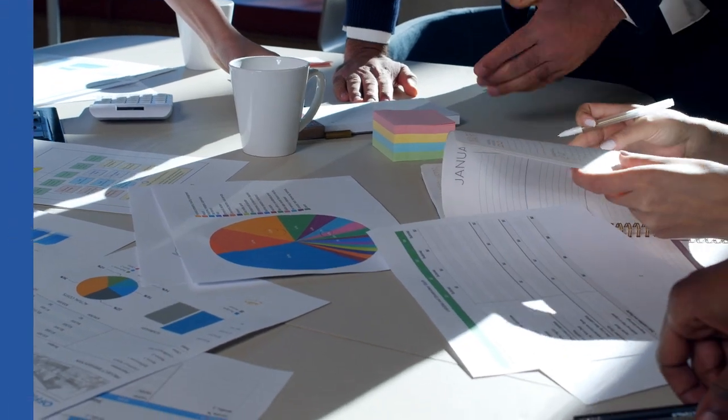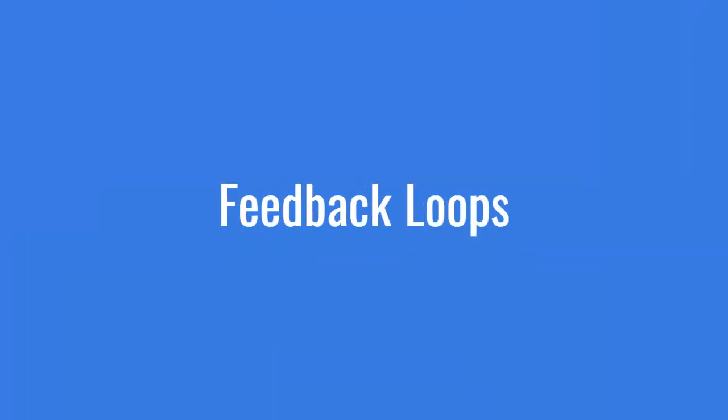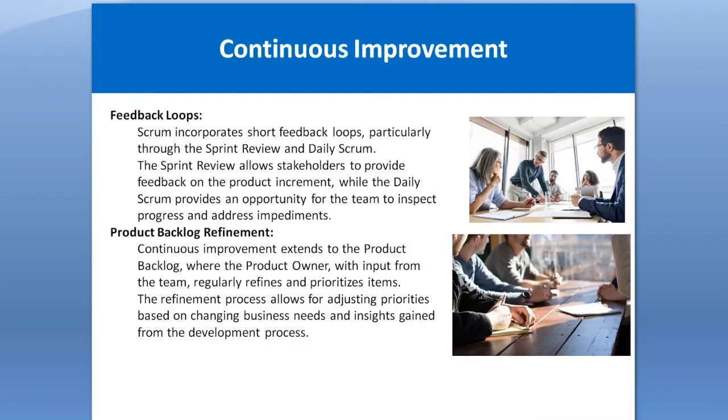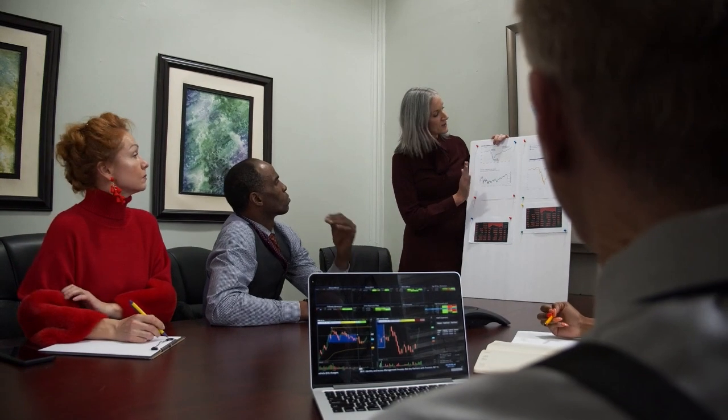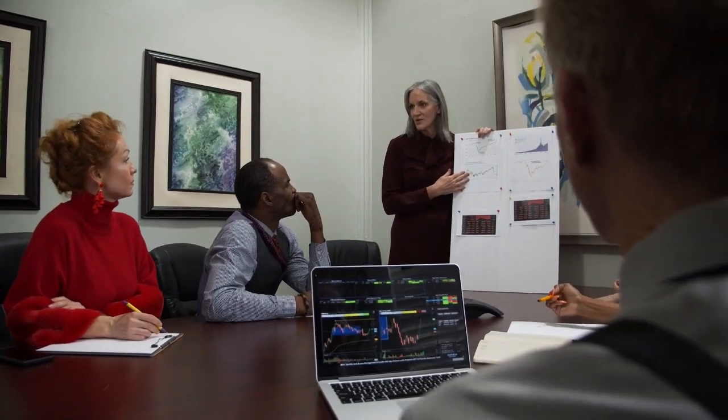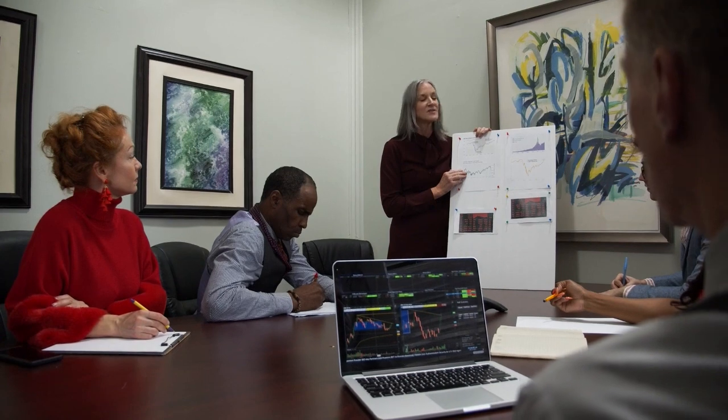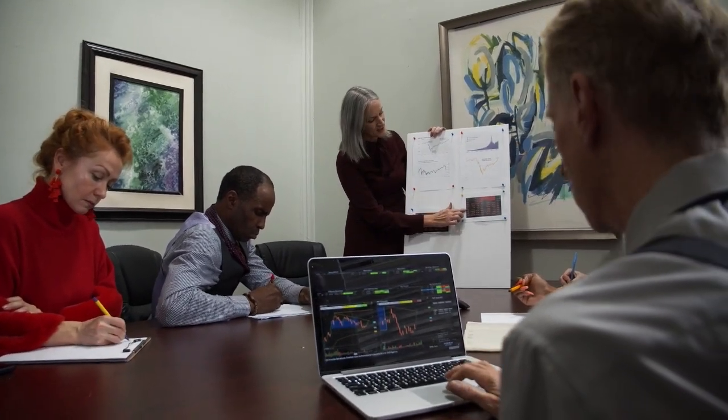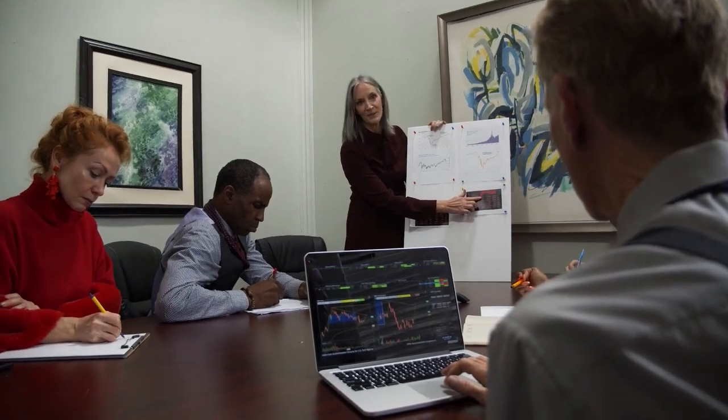Then the feedback loops. Friends, Scrum incorporates short feedback loops, especially from the sprint review and daily Scrum. Sprint review is a session in which the Scrum team demonstrates the work which has been completed in the sprint. So basically you can think of this as a demonstration of the work. Remember that the sprint review is focused on the working software.